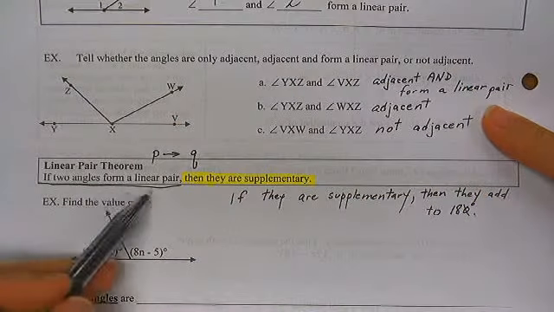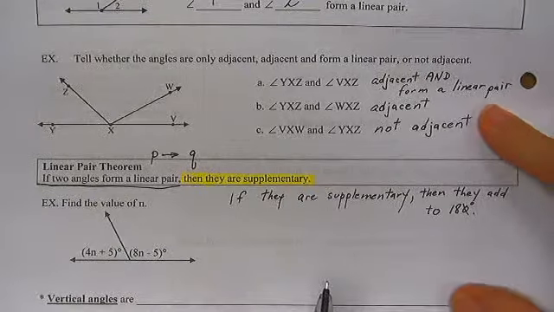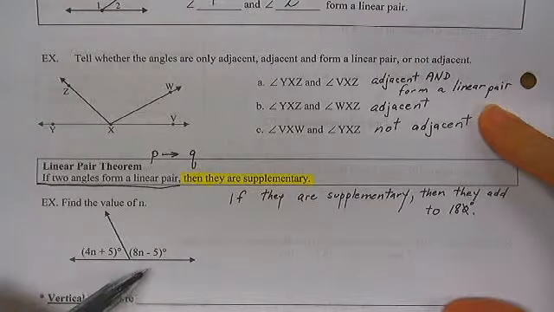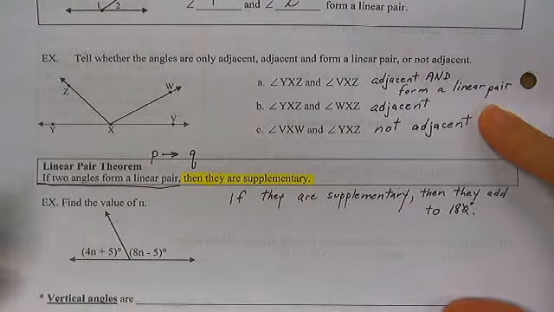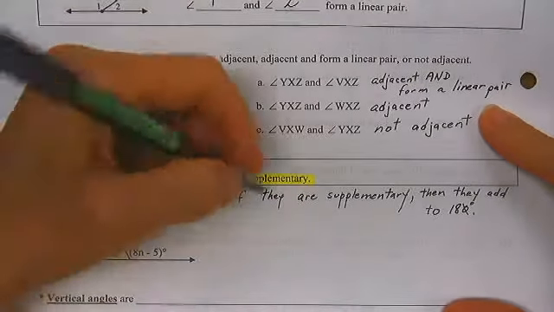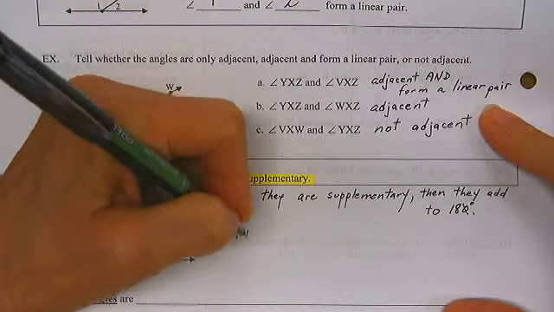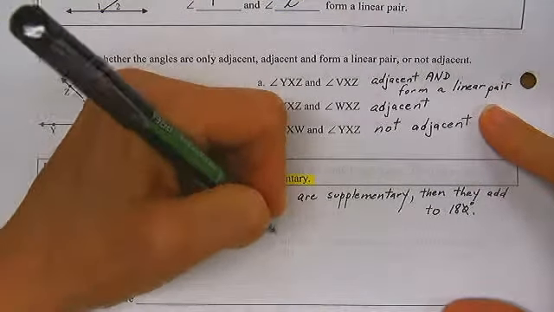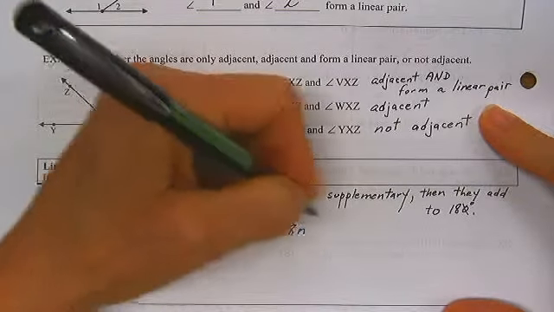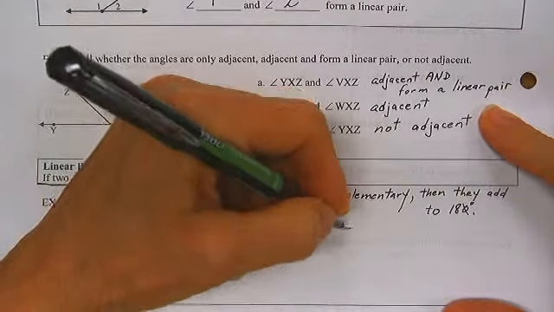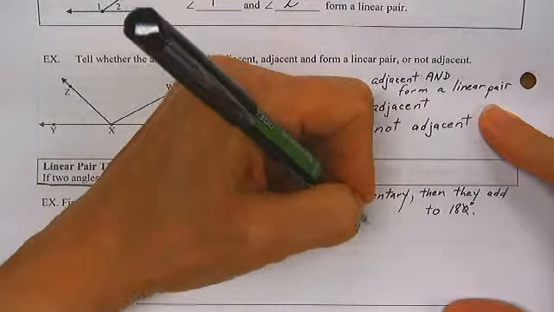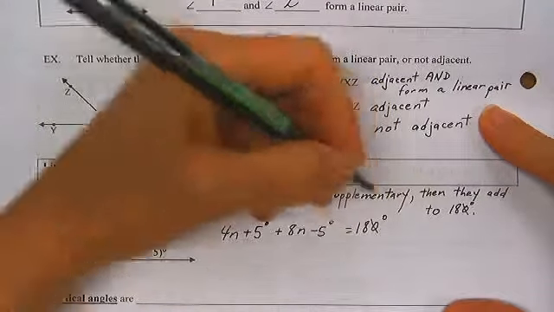So if we have a linear pair, the two angles add up to 180 degrees. What does that mean? Does that help us? Well, let's see. 4n plus 5 degrees plus 8n minus 5 degrees is equal to 180 degrees.